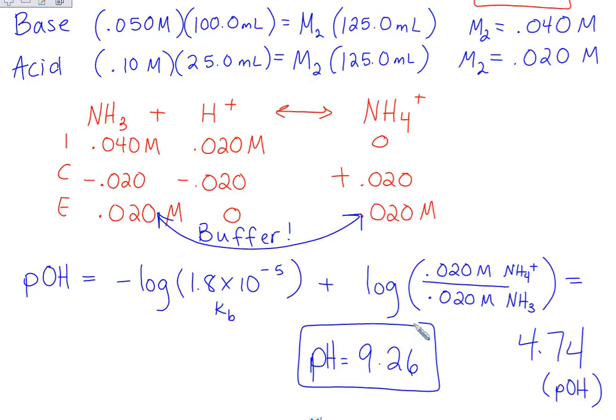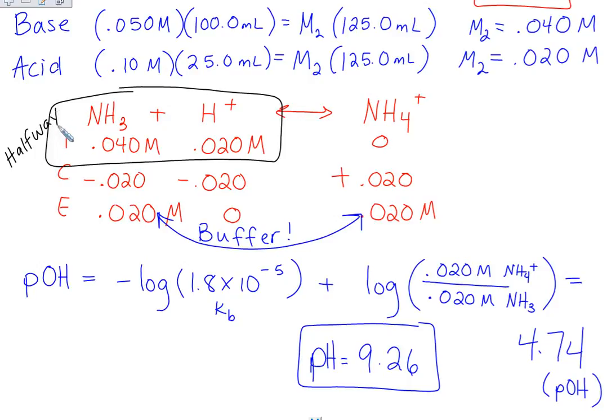The other thing that we should mention, what you have right here, is called the halfway point in a titration. We started with the ammonia and we added hydrogen from the acid. At this point in the titration, we're halfway to the equivalence point.